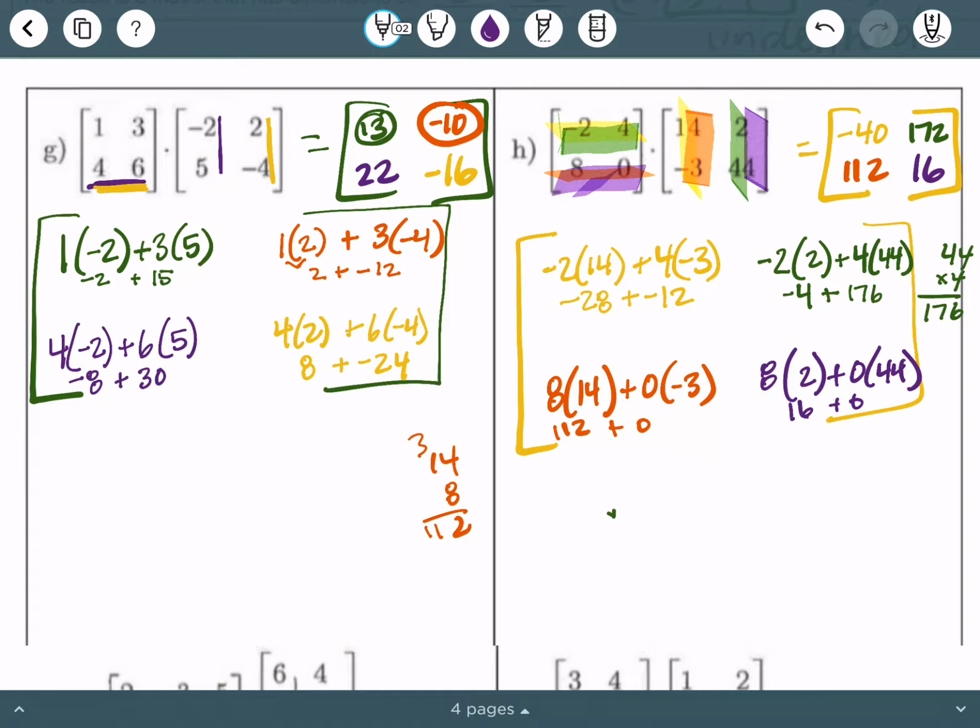So by the end, I should see that in this first section, I have 2 colors for each row. And in the second, I should have 2 colors for each column. Right? So I have a yellow row and column, a green row and column, an orange row and column, and a purple row and column. And that should help me to think about organizing my work as I go.